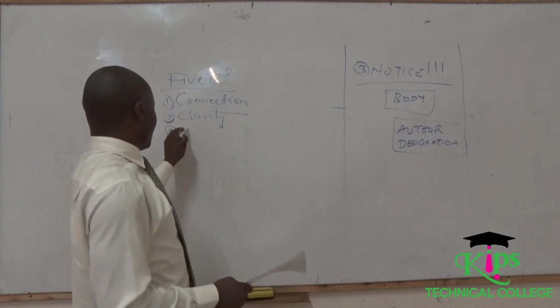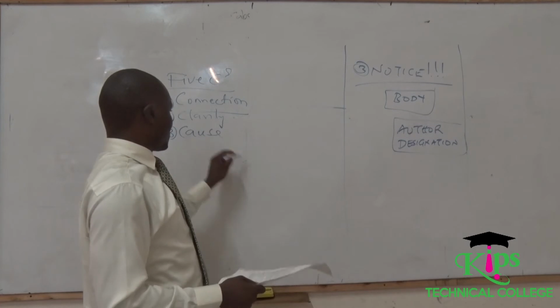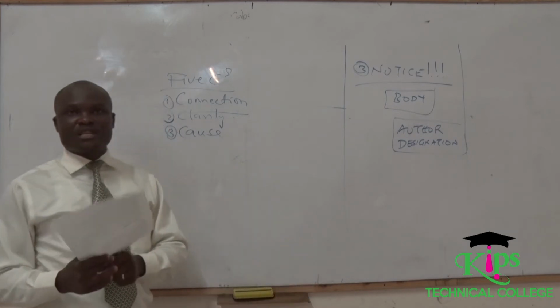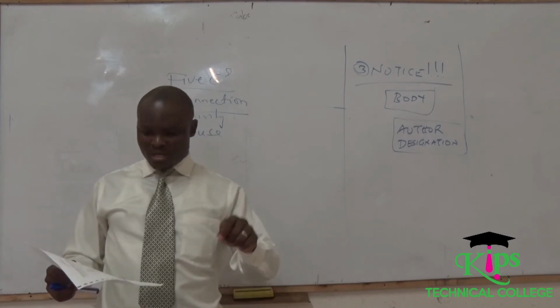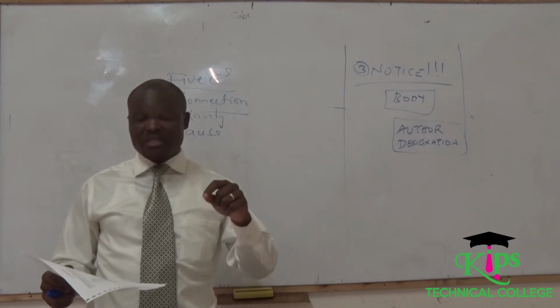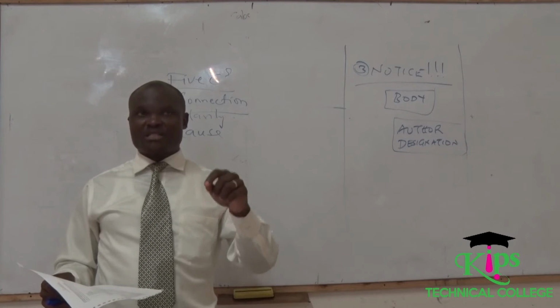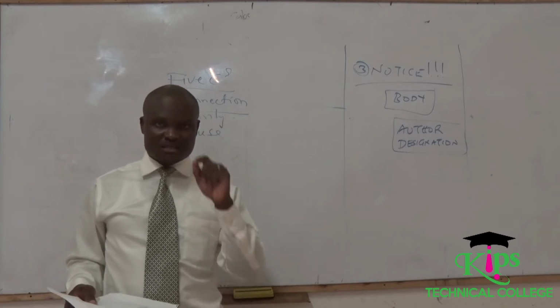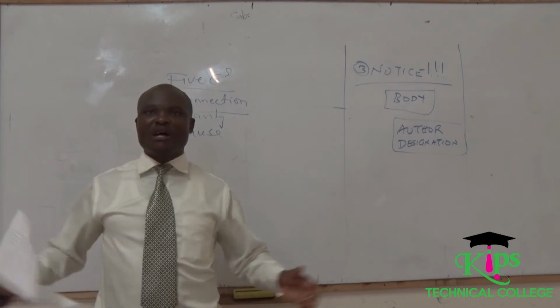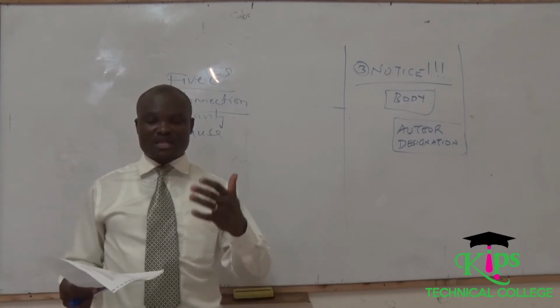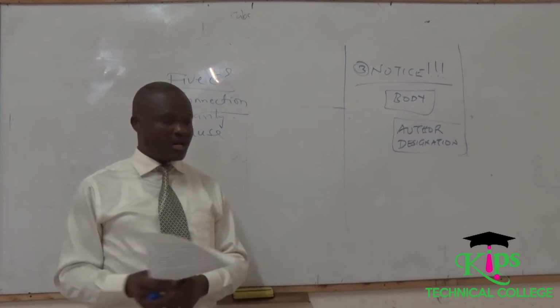Number 3 is about the cause. When we say the cause, it is what has ignited you to write or come up with that written document, so that if there are specific actions that you feel are supposed to be instituted, then how are they going to be instituted courtesy of that written document.